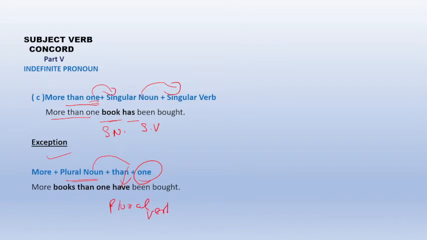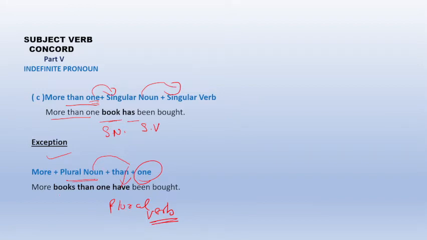More than one, more books. Here, what has happened? The place of the noun has been interchanged. We have placed one after than and the plural just before than. So that is why only more books.